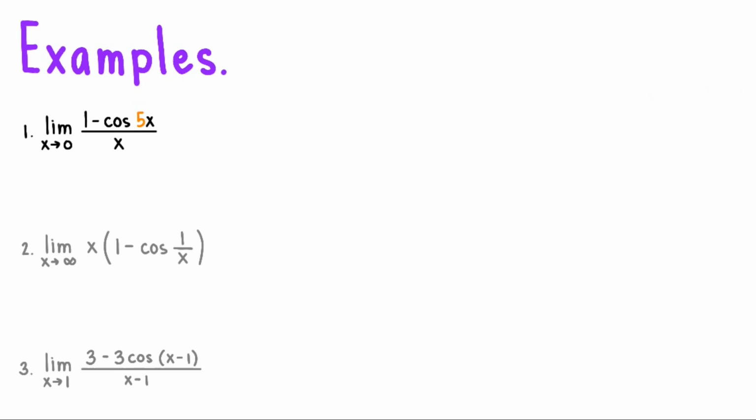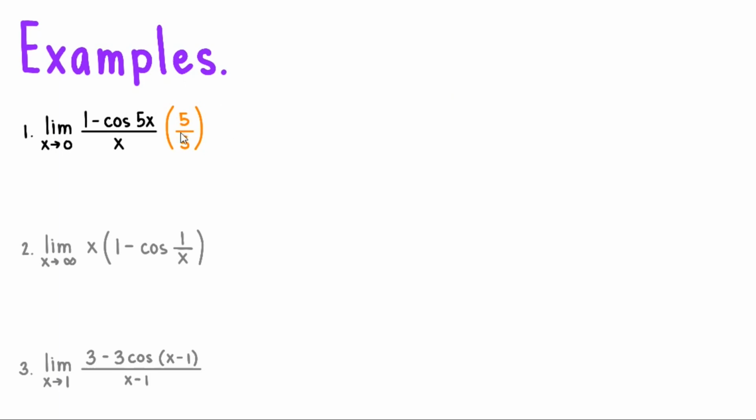before we can apply the special trig limit, we can multiply 5 over 5 out here. We can do this since 5 over 5 is just equal to 1, the identity. That means the expression out here won't change its value.